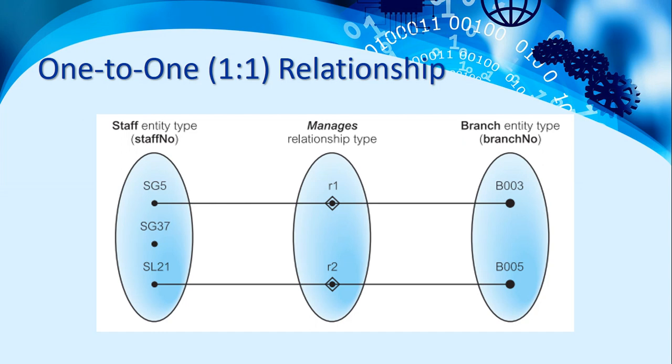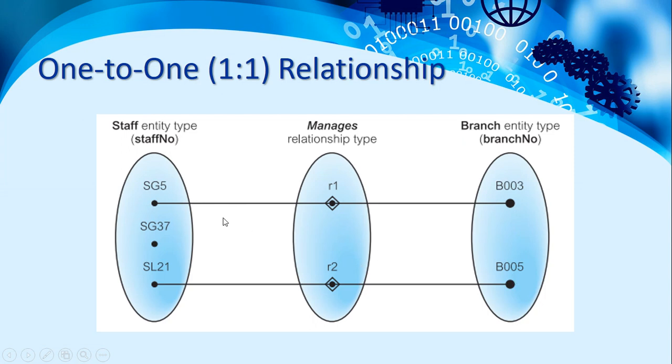So each relationship represents the association, as I mentioned. It represents the association between a single staff entity occurrence and a single branch entity occurrence. Now, just to make it simple to represent each occurrence, ang ginamit to indicate a unique staff is the staff number and in the branch, the branch number.